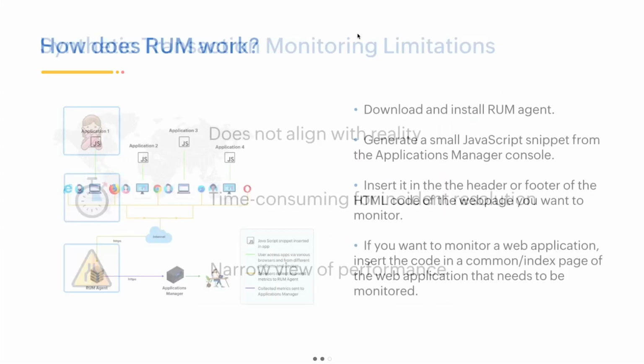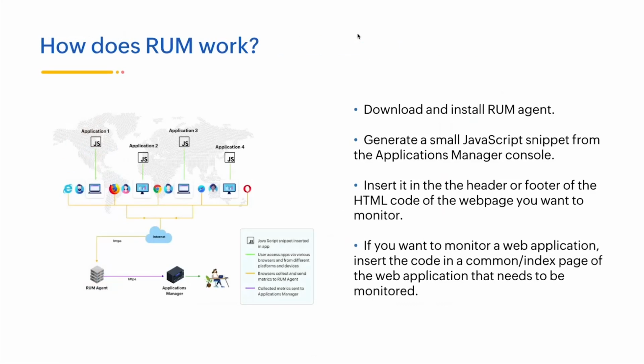So how exactly does RUM work in Applications Manager? To facilitate data collection and reporting, you need to download and install our real user monitoring, aka our RUM agent. The RUM agent is deployed in the server where the web application is hosted. Following that, you need to insert a small JavaScript snippet generated by Applications Manager in the header or the footer part of the HTML code of the web application that you want to track.